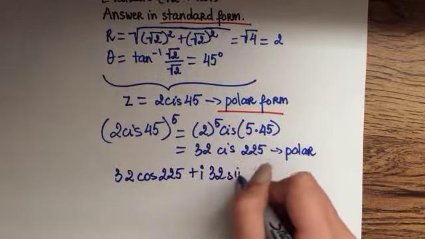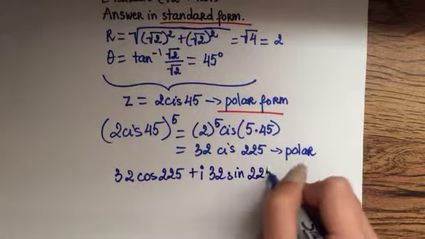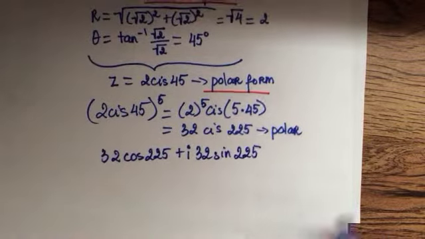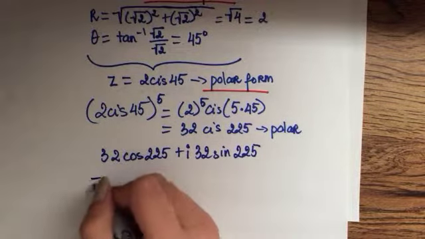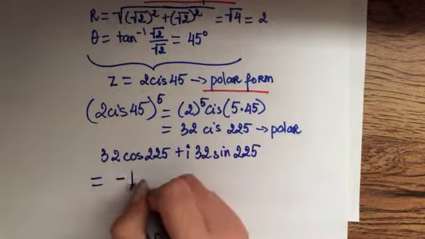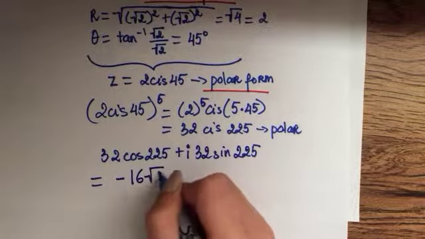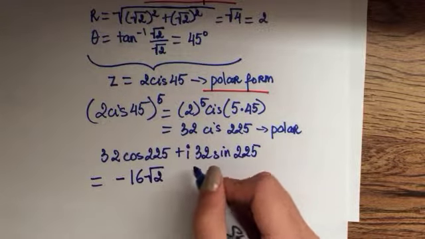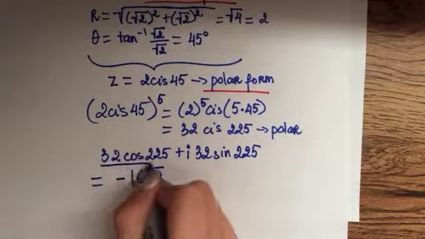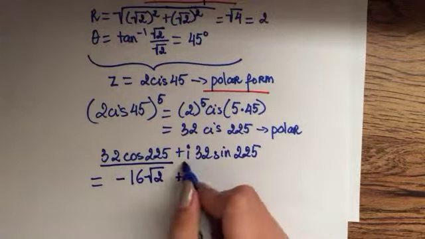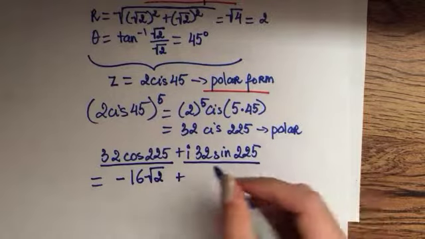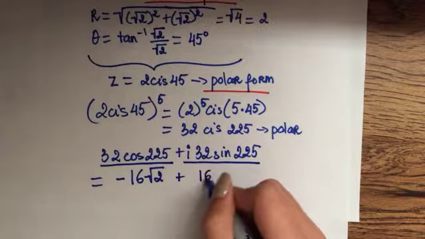32 sine 225. If you plug these numbers into your calculator, you will have, I think, negative 16 square root of 2, plus, plugging this part into your calculator, you will have the same thing.